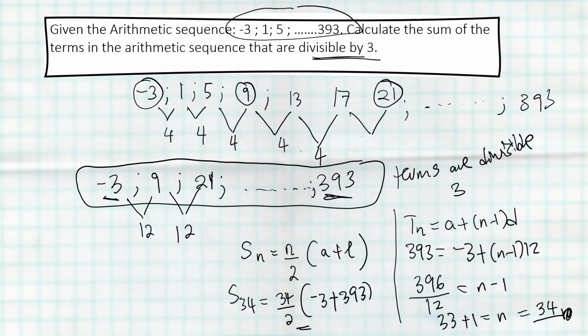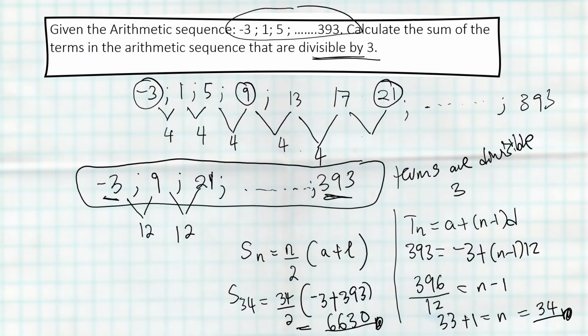Now I can get the sum of terms that are divisible by 3. Let me do this on my calculator. Okay, I'm getting 6630. So 6630 is the sum of the terms that are divisible by 3. That's basically how you solve it.